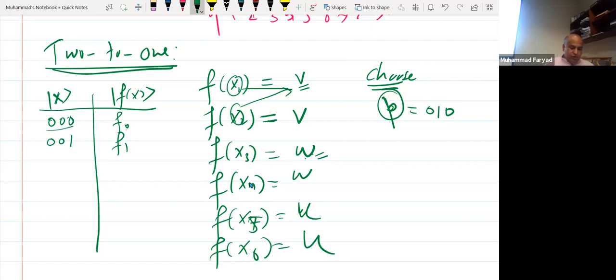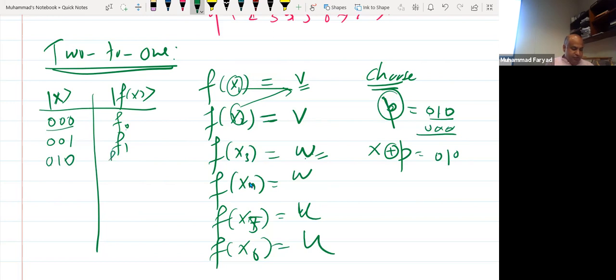Then let me XOR this p with x. So if this is x, and I XOR with this secret bit string, this 0, 0, 0 is going to be XORed: 0 plus 0 is 0, 1 plus 0 is 1, 0 plus 0 is 0. So there's going to be another number, 0, 1, 0.